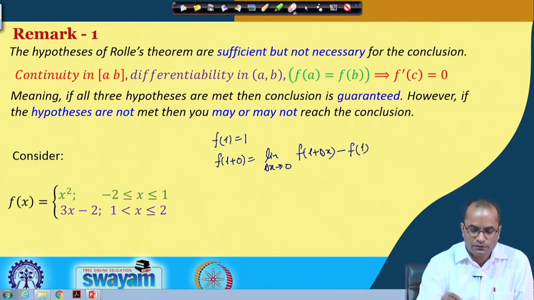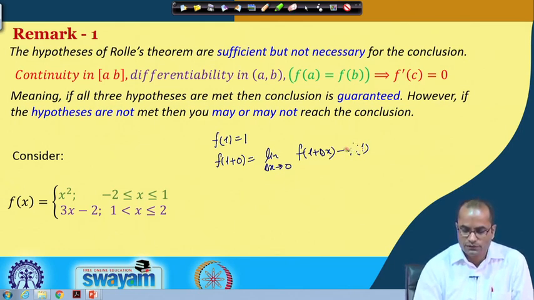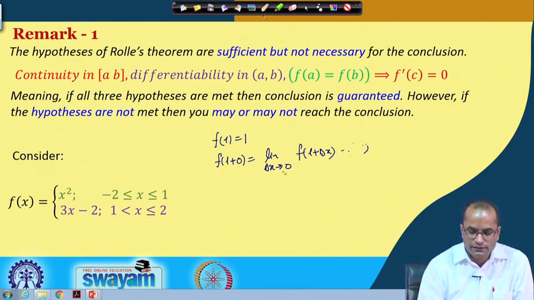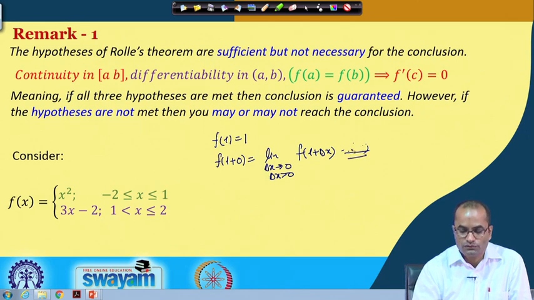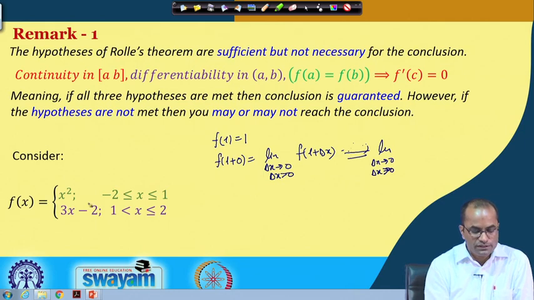Or just the limit. So, we are not going to get the derivative now. This is just the expression f(1 plus delta x) as delta x goes to 0, and we take delta x positive. So, the right limit of this function as delta x goes to 0. This will be simply the limit as delta x goes to 0, with delta x positive, and then since delta x is positive, f(1 plus delta x) will be calculated from 3x minus 2.